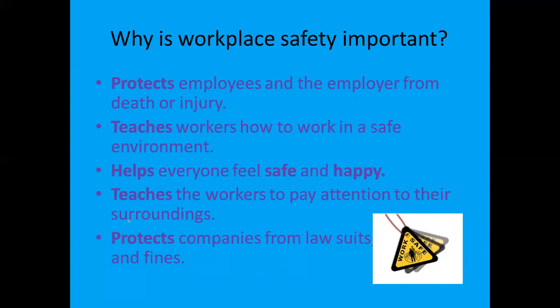First point is it protects employees and the employer from death or injury. So what does safety do? The safety protects the employees and the employer. An employee is the person who is working in a company, in an office, in a school, college, etc. And employer means the person who is giving salary to the employees.